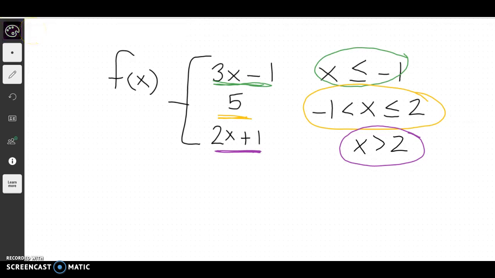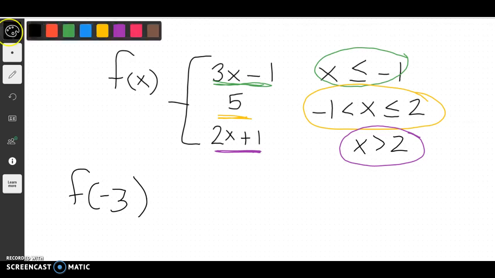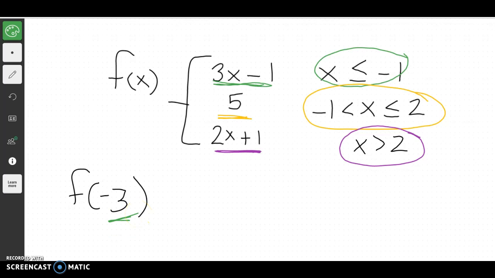So let's just see a couple of the things we could get. We could get f of -3. Well, let's think for a second. If it's -3, my input is less than -1. So I'm going to use the rule that's in green. That would give me 3 times -3 minus 1, and that is equal to -10.